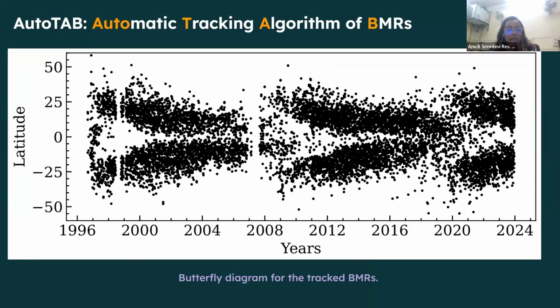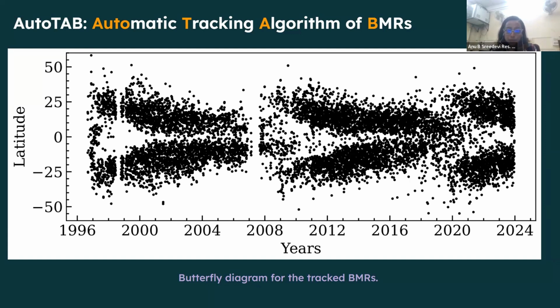Another thing: if we are dealing with sunspots, the first thing to keep in mind is that we should be able to produce the beautiful butterfly diagram, and we were able to. Each point here in time represents when AutoTAB first detected the BMR.